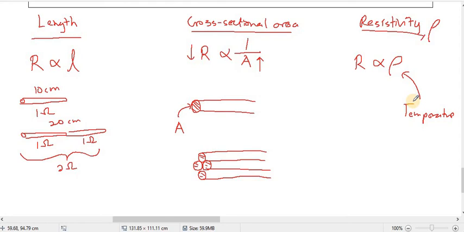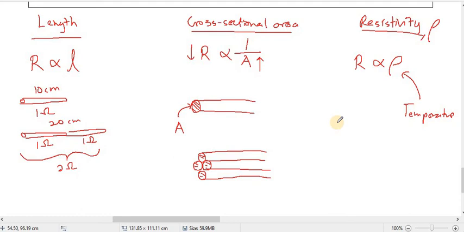Remember previously when we learned about ohmic conductor and non-ohmic conductor? Remember the graph for a non-ohmic conductor is curved? We discussed that tungsten wire is actually an ohmic conductor, but when put inside the bulb, it becomes a non-ohmic conductor. The reason is that inside the bulb, the temperature increases until very high.